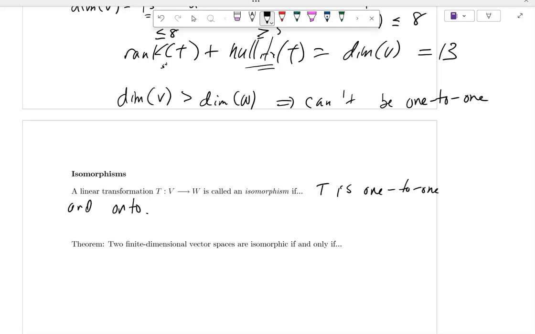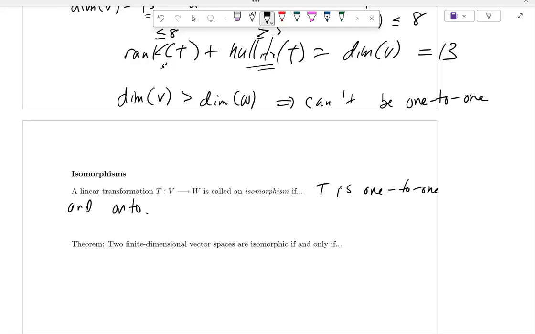If you've heard the word before, we refer to that type of function as a bijection. 1-to-1 is injection. Onto is surjection. Injection and surjection together gives you bijection. So again, isomorphism literally means same structure.